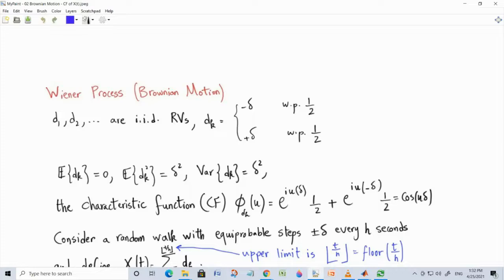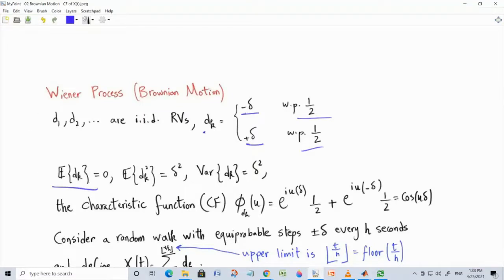So now d_k, our step, is minus delta or plus delta with probability 1/2. So now you move with plus delta or minus delta. Of course, you can make these probabilities P and Q, constrained by P plus Q equal to 1, but let's just focus on a symmetric walk, again in 1 dimension, though the Wiener process can be generalized.